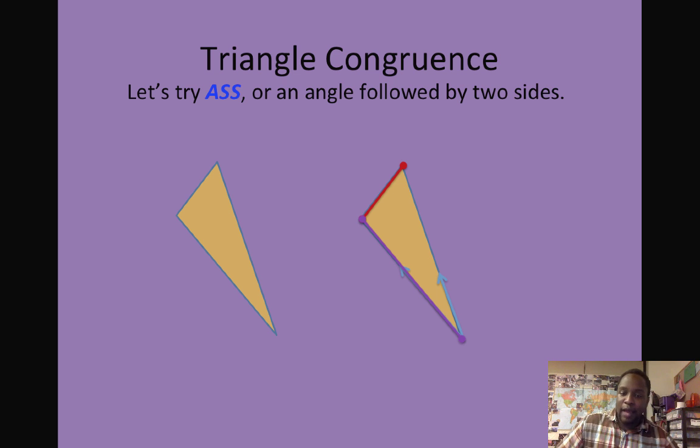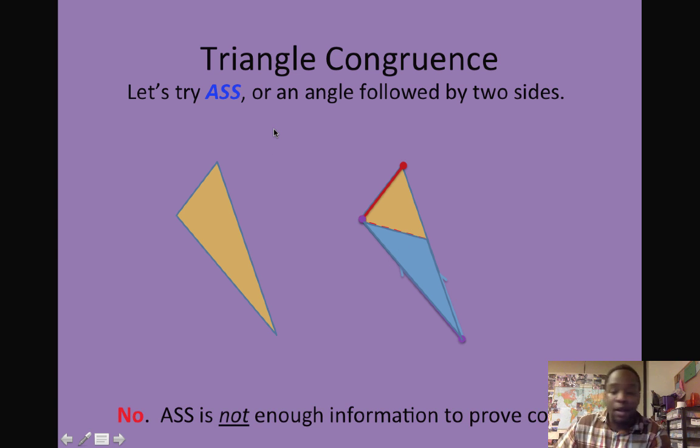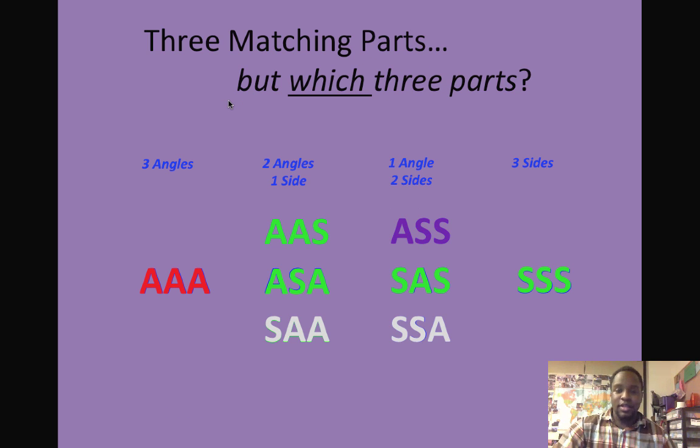Well, what can happen is that this line can be swooped down to here to create this line. And now we have the same angle, the same side, and another of the same side lengths, but it creates a different triangle. So therefore, ASS does not prove triangles are congruent. There are no ASSs allowed in class, okay? So we can mark that as red.